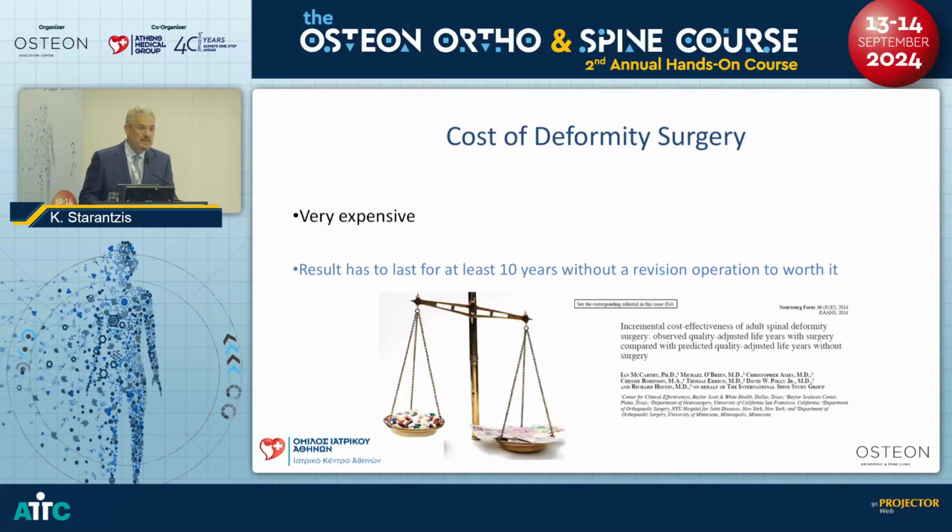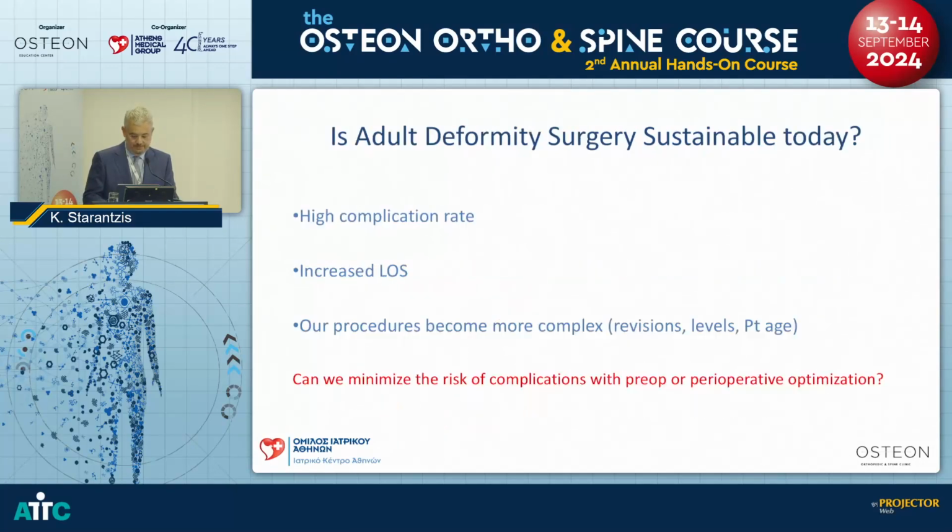The bypass is 10 times cheaper than deformity surgery per quality gain. And why is that? Because we have a high complication rate, increased length of stay at the hospital. Our procedures are becoming more and more complex with more osteotomies. Well, it used to be so when I first wrote this presentation. The trend now is to go simpler.